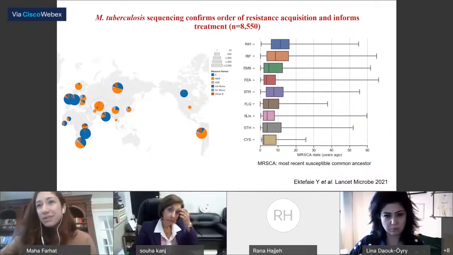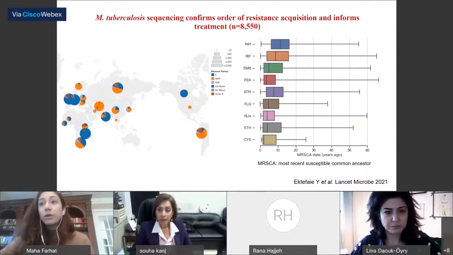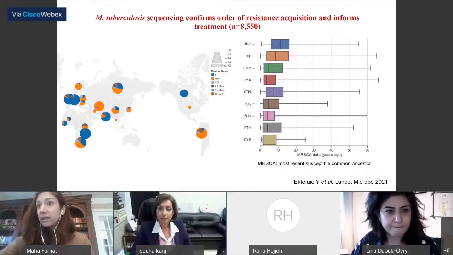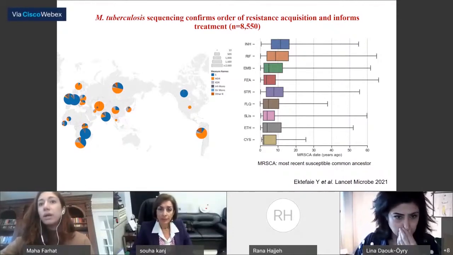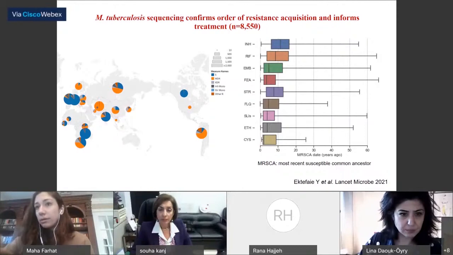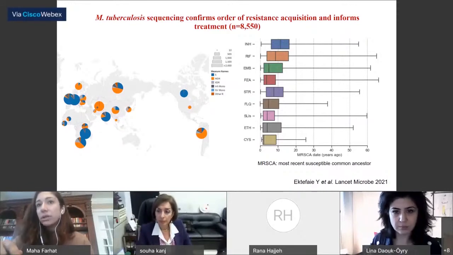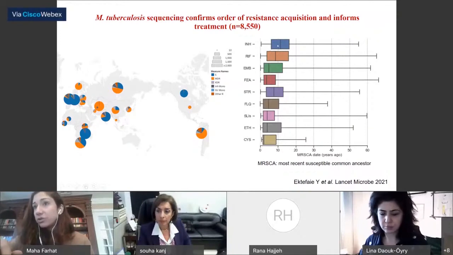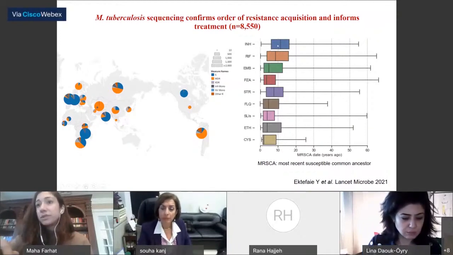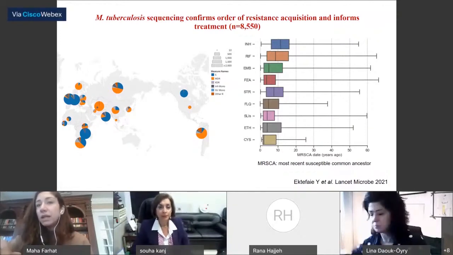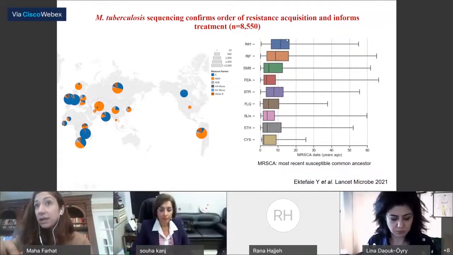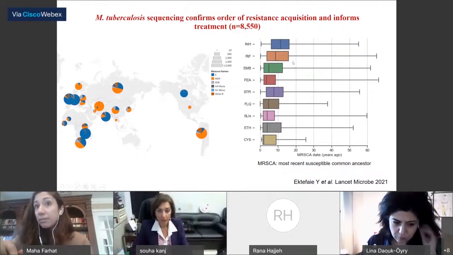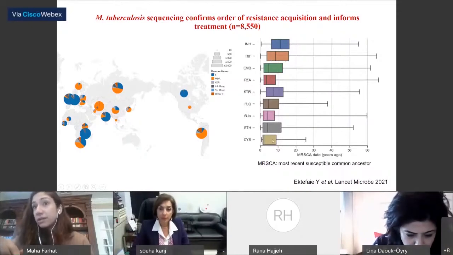So beyond viruses, there's also a lot that we can learn for bacteria. For example, in this study, we used a very large data set of TB isolates and were able to reconstruct when antibiotic resistance developed in different parts of the world, and to infer that there is an order in which antibiotic resistance develops in TB, including isoniazid first, then rifampin and streptomycin, and then the other drugs.